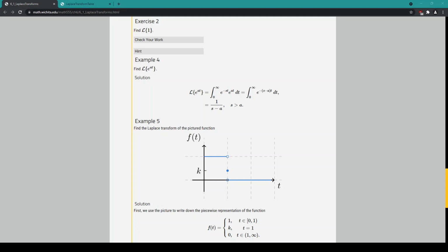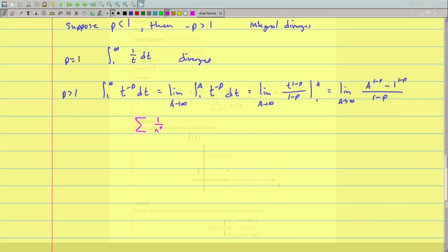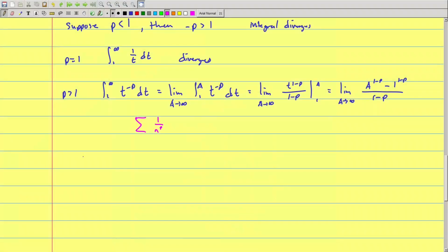And this, of course, should be a pretty satisfying result because if I take the Laplace transform of e to the at, it says that as long as s is greater than a, the answer is 1 over s minus a, right?